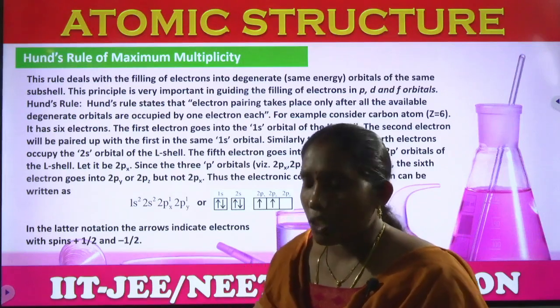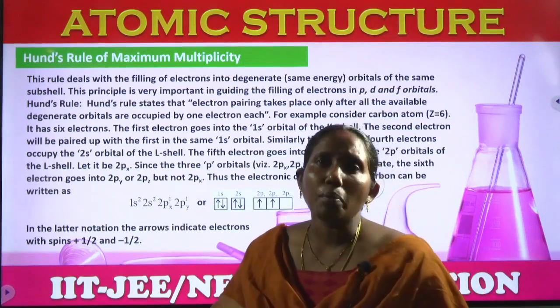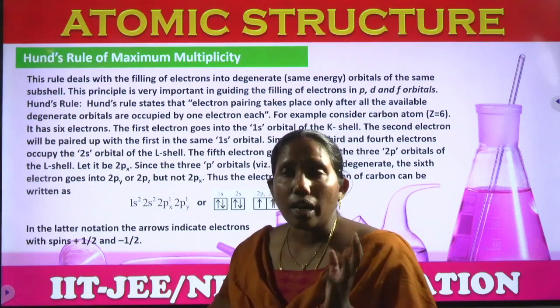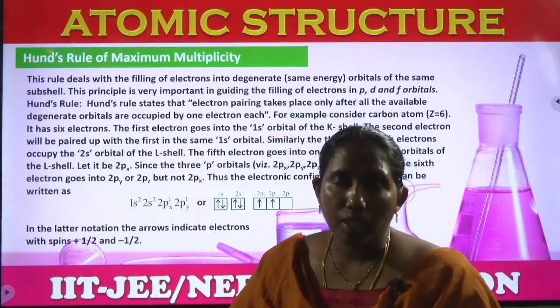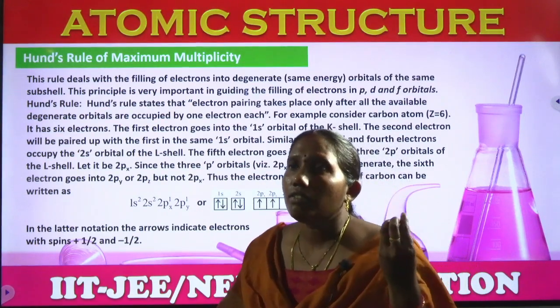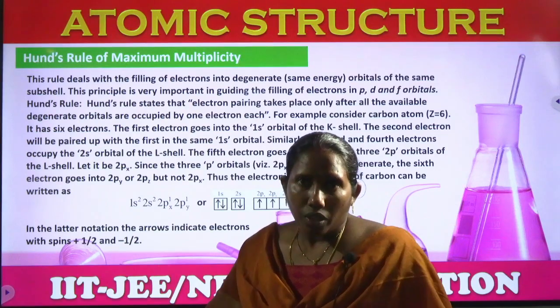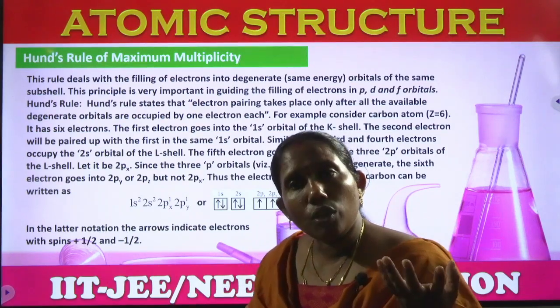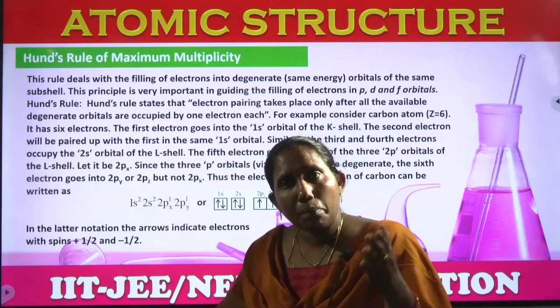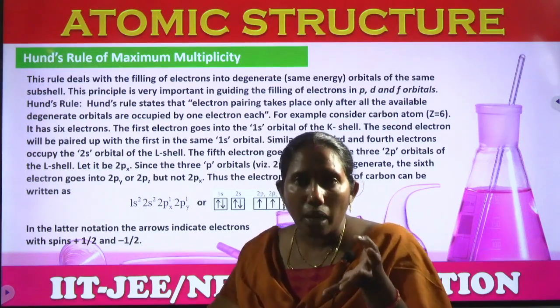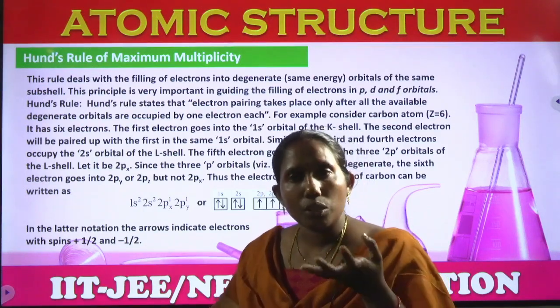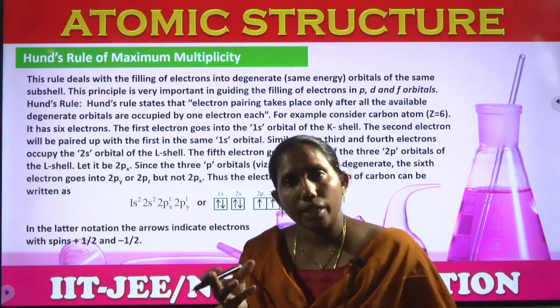What is meant by Hund's rule? While talking about the magnetic quantum number, we have studied degeneracy. Degeneracy is nothing but the orientation of the electron. In the p orbital, there are 3 orientations, that is px, py, pz. That dumbbell-shaped orbital is oriented along the x axis, y axis, z axis, so the orientation is different.